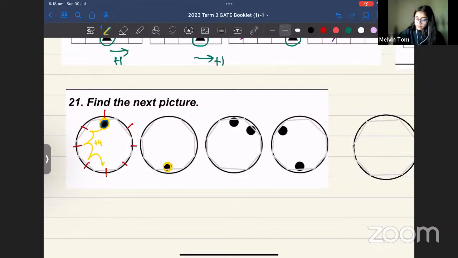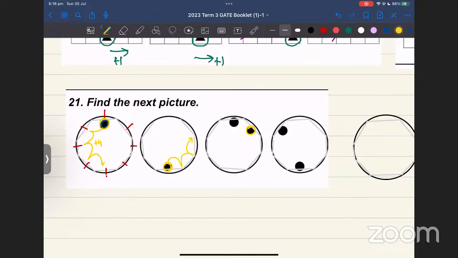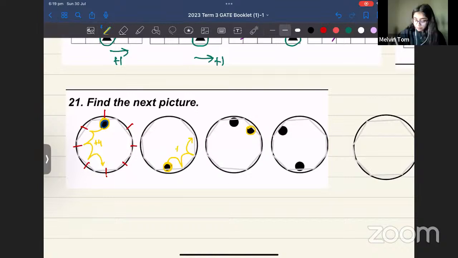Now, in the third image, the yellow dot is right here. How did we get there? That's 1, 2, and 3. Moved 3 times. From the third image to the fourth image, it's moved 1 and 2.